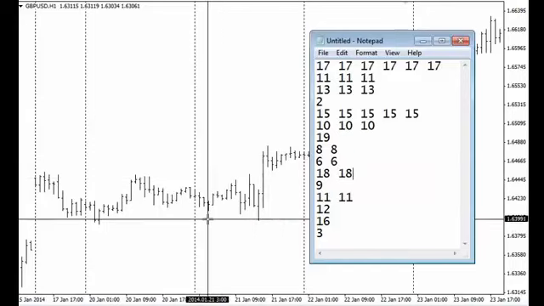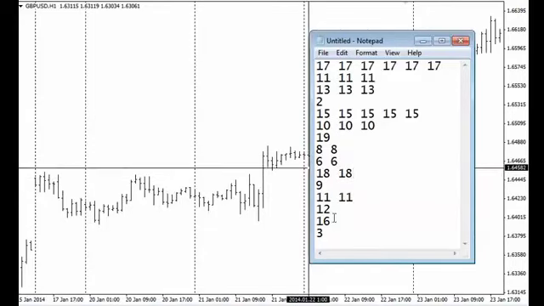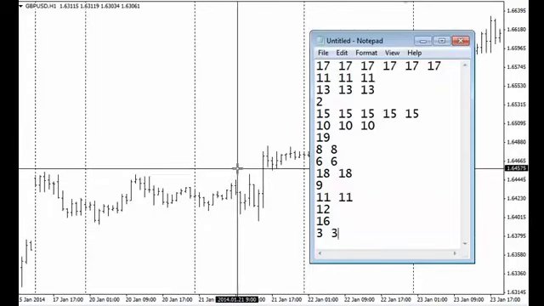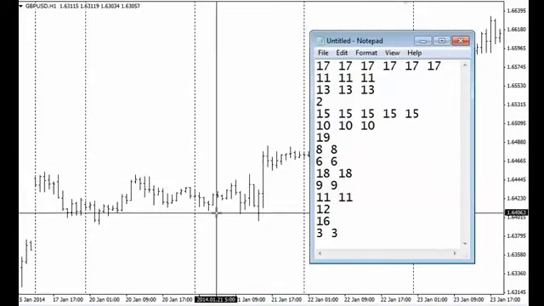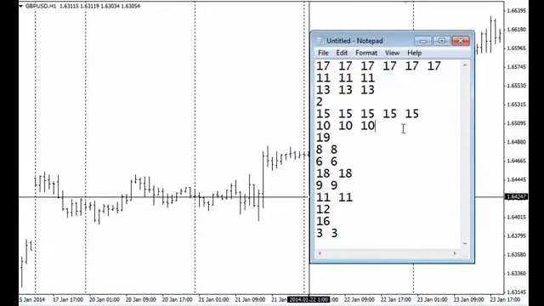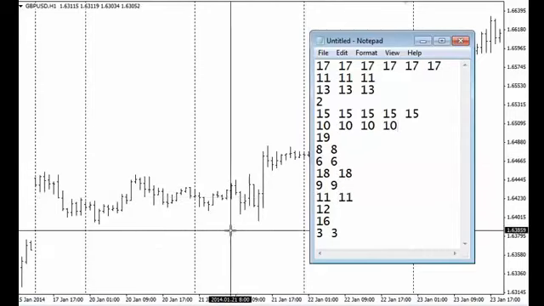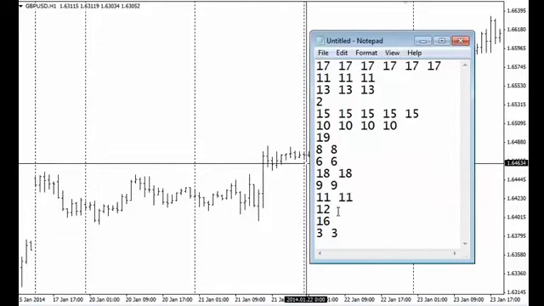There you go. And the last guy right here. This swing low happened at 3. We got a 3. Swing high 9. There's a 9. Swing low, 10. There's a 10. Swing high right here, 12. There's only one here, so there's another 12.